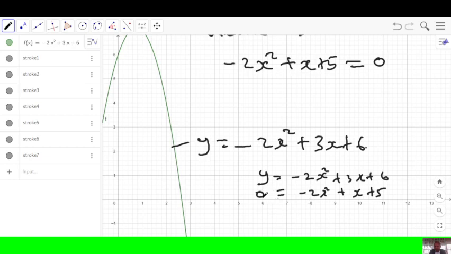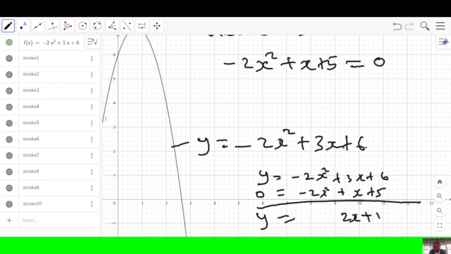We have only moved the 0 from the right hand side to the left hand side. Now, how do we do that? Suppose we subtract, so that our y is the same as this, and this is 0, of course. 3x minus x is 2x, and 6 minus 5 is 1, so this is positive 1.